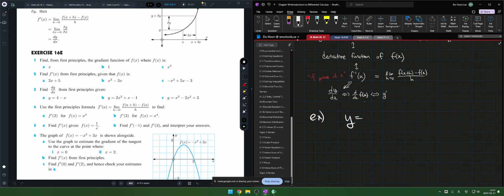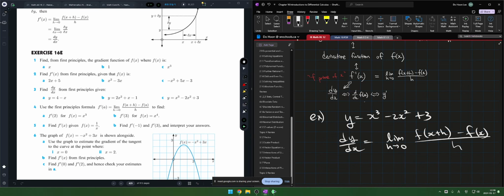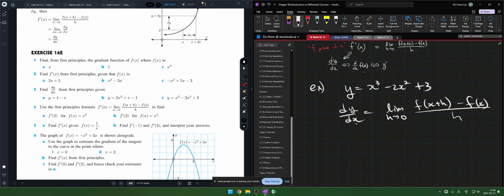Let's say we're doing y equals x cubed minus 2x squared plus 3. Then finding dy over dx is the same as taking the limit as h goes to 0 of f of x plus h minus f of x. Again, if you want to just try it on your own, I'm writing a lot.